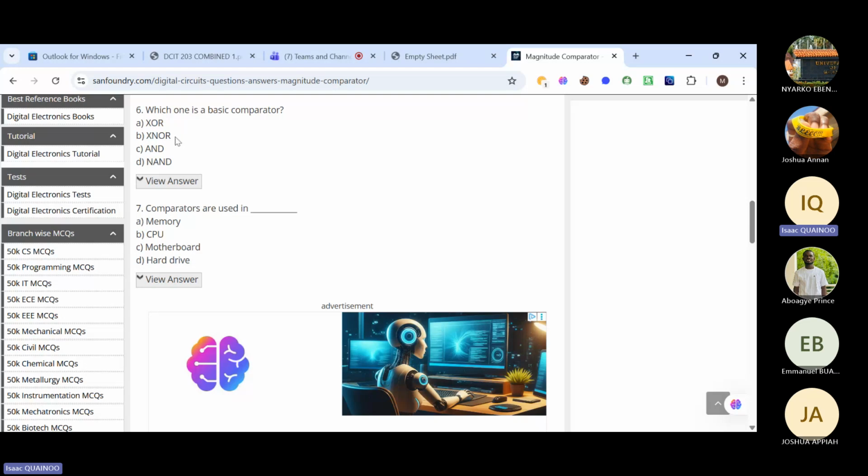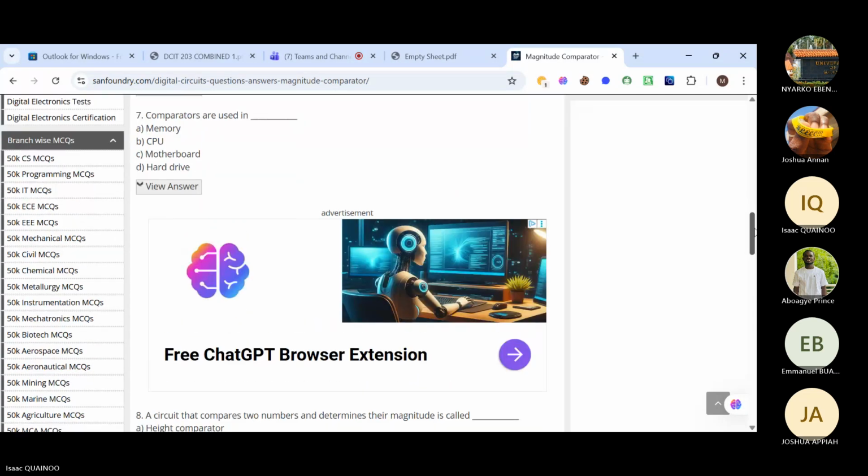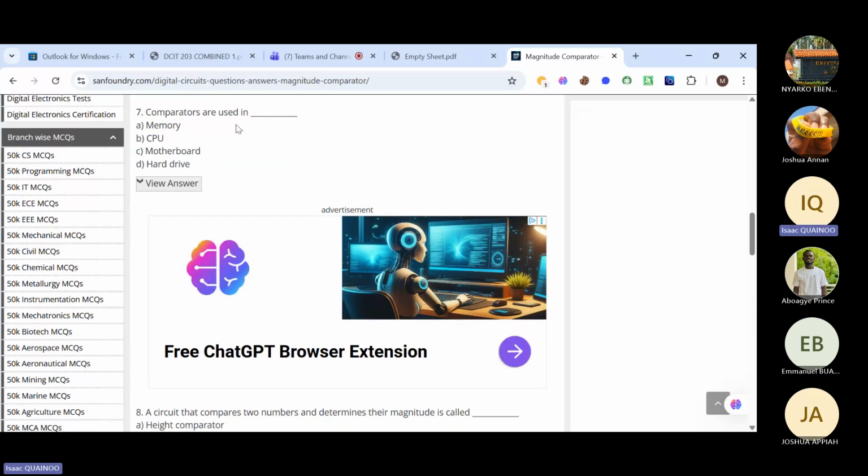Because we said you cannot build a comparator circuit without an XNOR bit. Question 7: comparators are used in A, memory; B, CPU; C, motherboard; and D, hard drive.